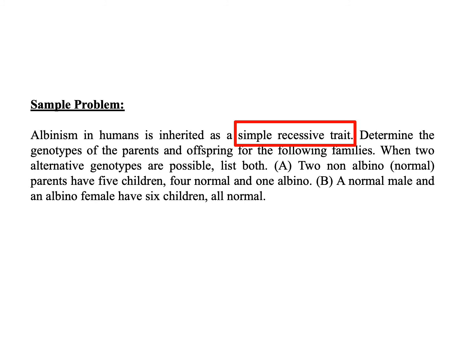This means that we are dealing with the classic dominant recessive relationship that we just established. As we continue on with our lectures, we will eventually start talking about things that don't fit into these nice, neat, classic dominant recessive patterns. And so you're going to have to look at the clues in the question to help work through the problem to get to the answer. So in this case, we're sort of setting the stage. We know that this is a simple recessive trait.